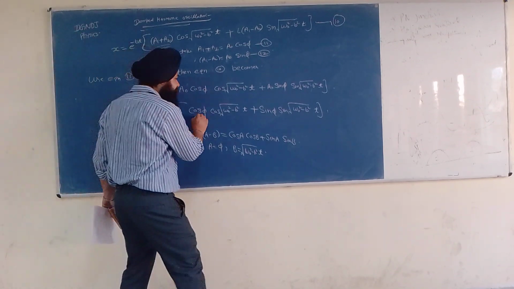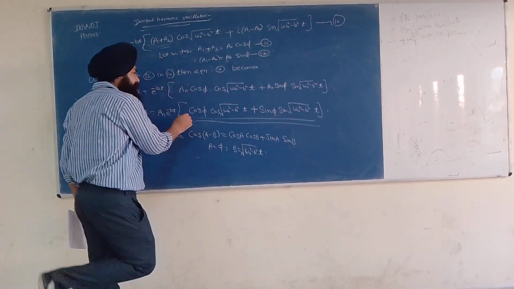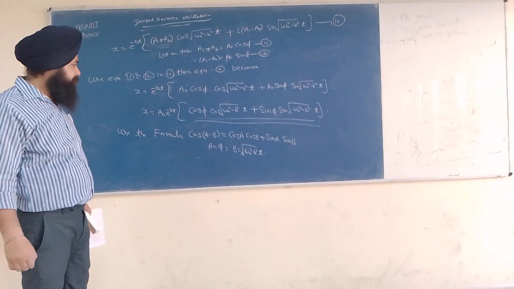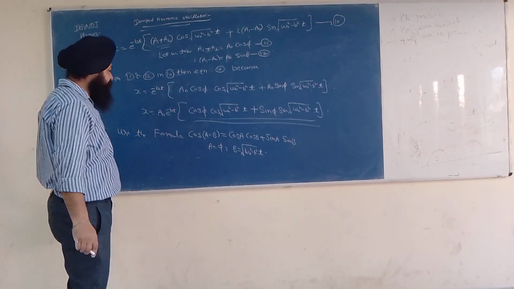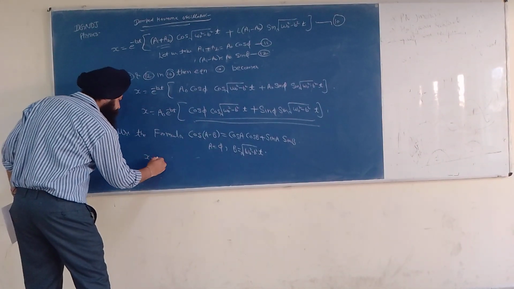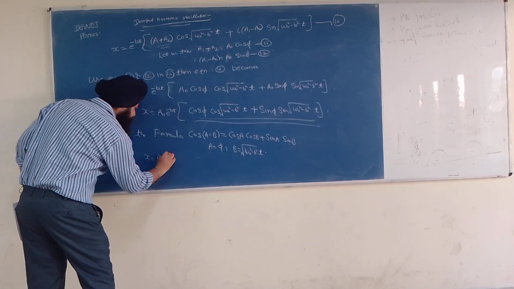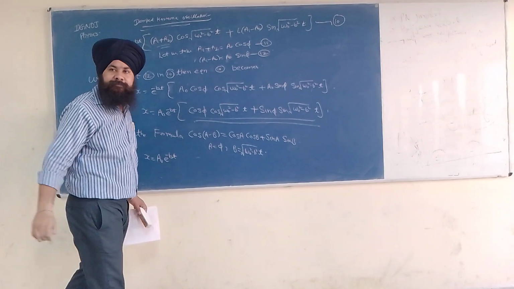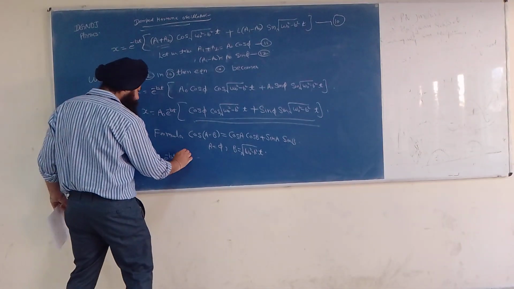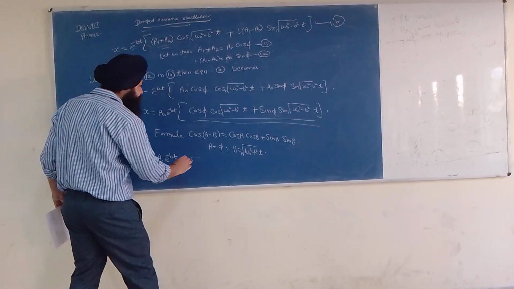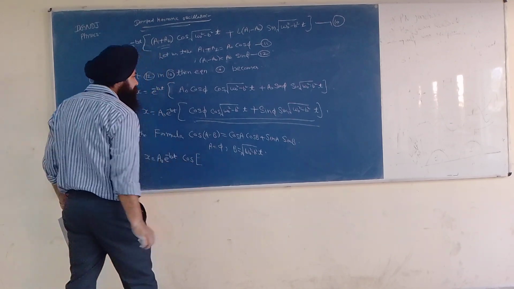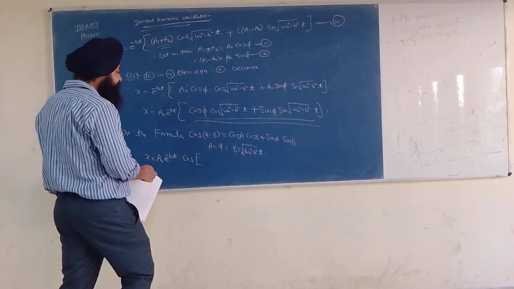So this equation becomes x is equal to a naught e to the power minus bt, cos of a minus b. Let us say this is a, this is b.